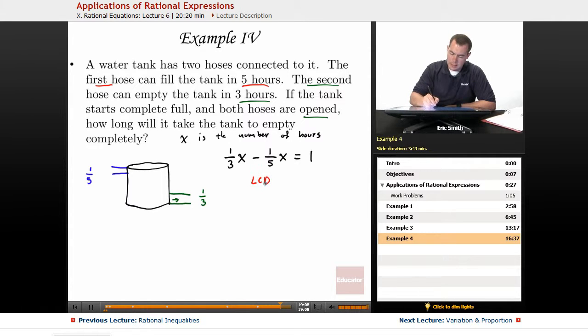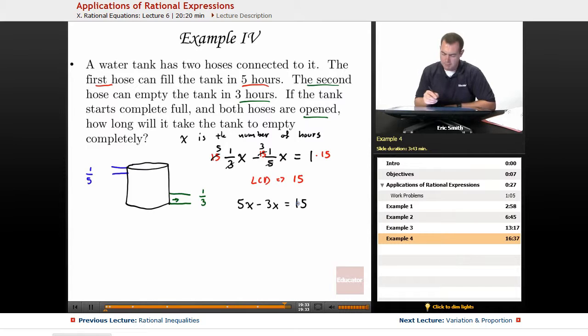Our LCD here would be 15. So let's multiply all parts by 15 and see what that does. 15, 15, and 15. So canceling out some extra stuff here, I would get 5x minus 3x is equal to 15.